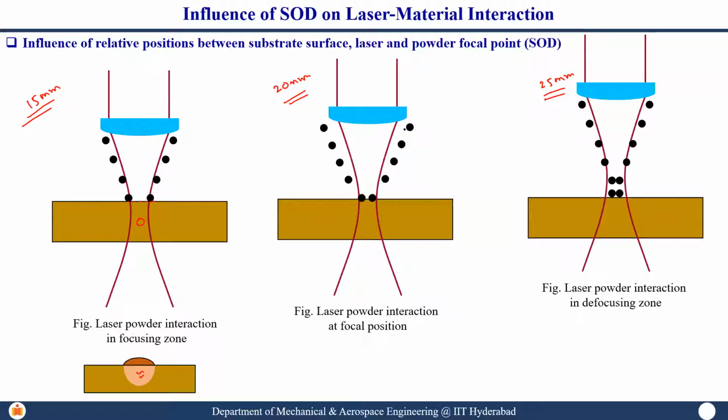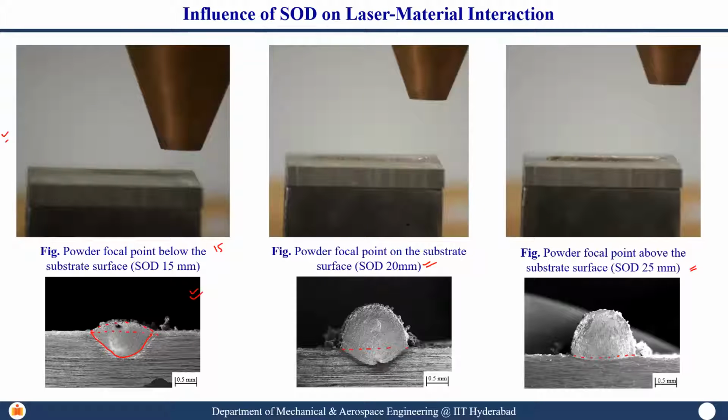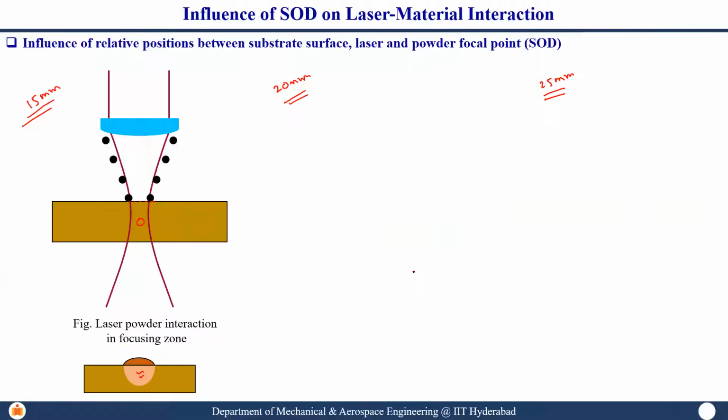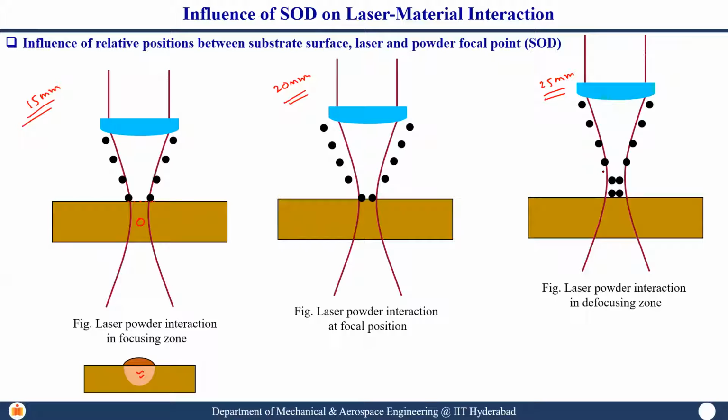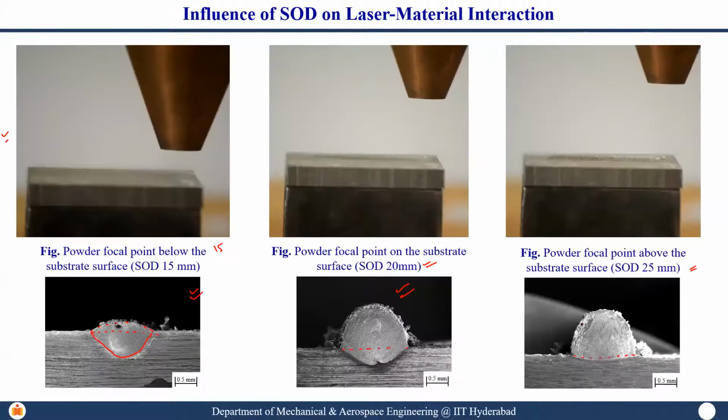Whereas when you keep the powder focal point on the substrate surface, that is something which we call an optimum one. But if the powder focal point is kept above the substrate surface, then the cloud density in terms of its length will also increase. So the energy reaching the substrate will decrease. So there is no dilution because energy is not reaching the substrate.